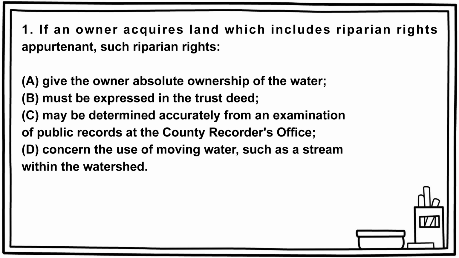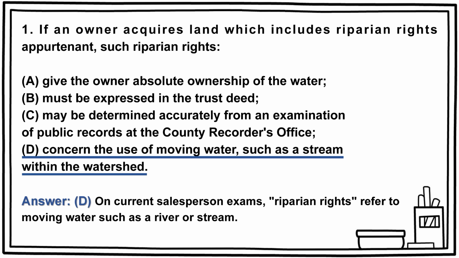D. Concern the use of moving water, such as a stream within the watershed. Answer: D. On current salesperson exams, riparian rights refer to moving water, such as a river or stream.